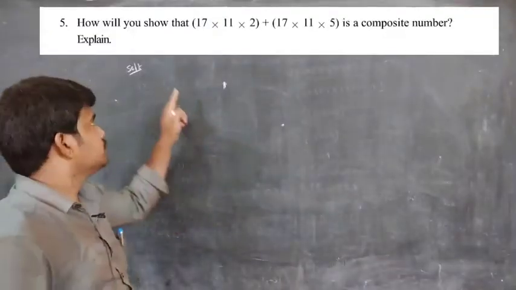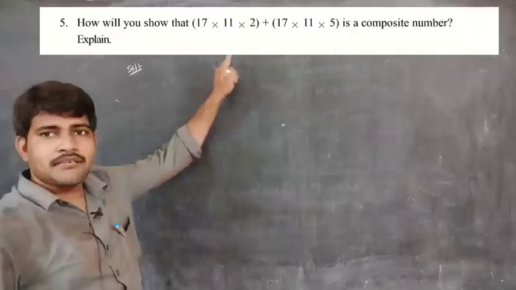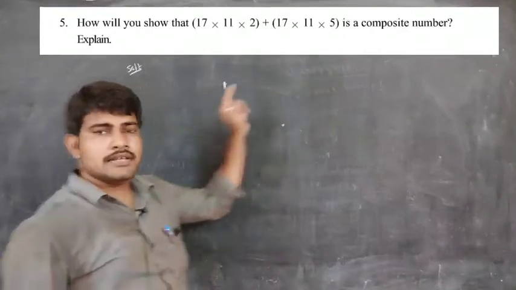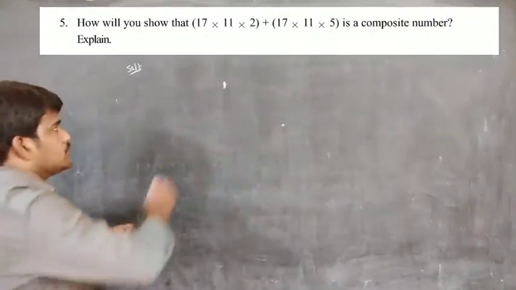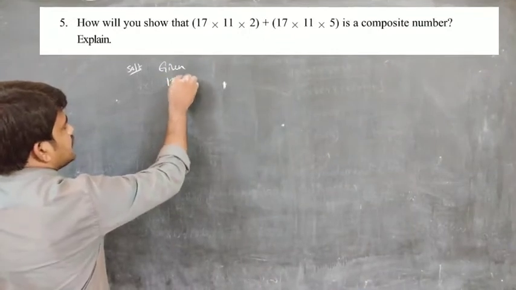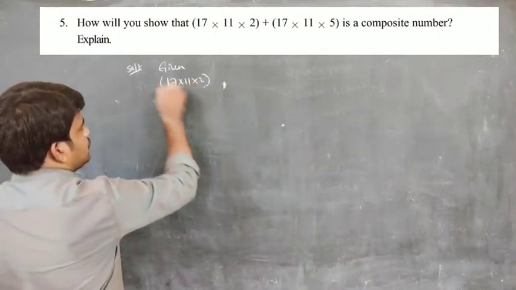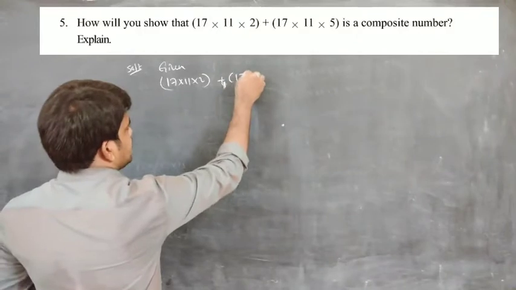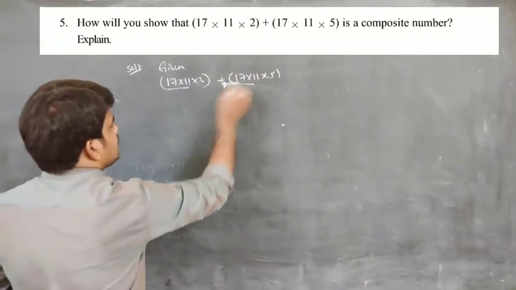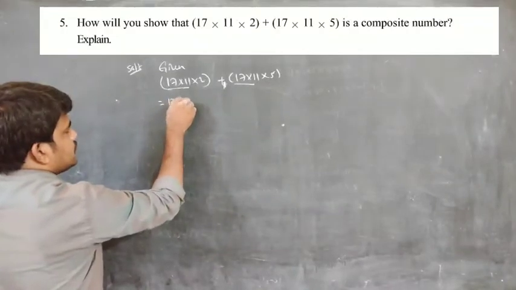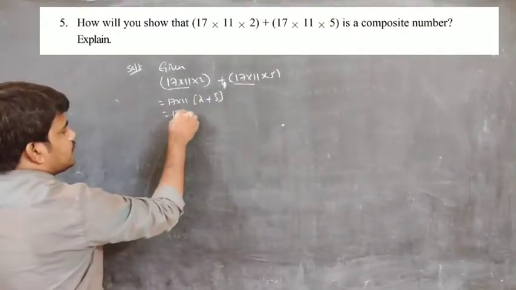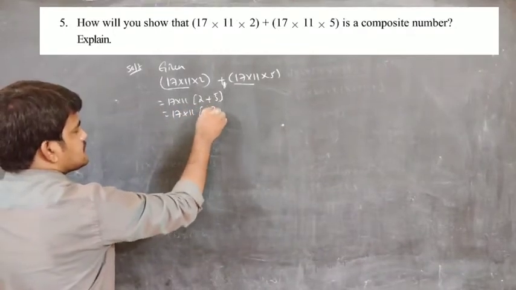Next, fifth question: how will you show that 17 into 11 into 2 plus 17 into 11 into 5 is a composite number? Given 17 into 11 into 2 plus 17 into 11 into 5. Here in both terms 17 into 11 is common. So taking 17 into 11 common, the remaining terms are 2 plus 5. So 17 into 11 into (2 plus 5), that is 7.